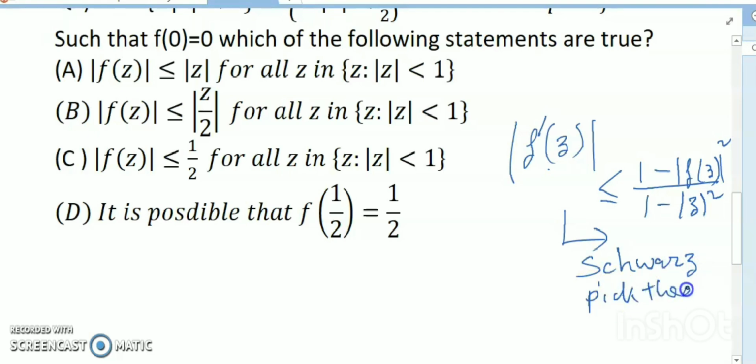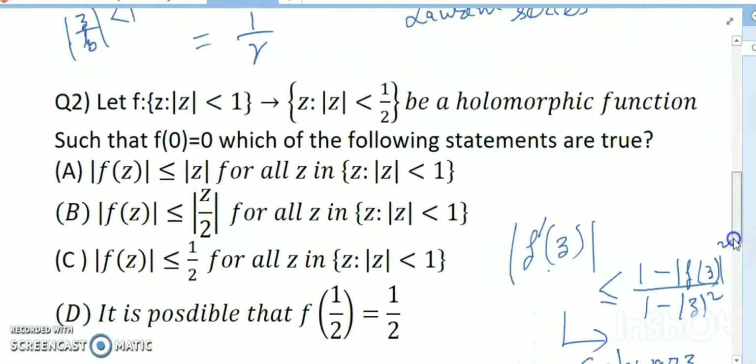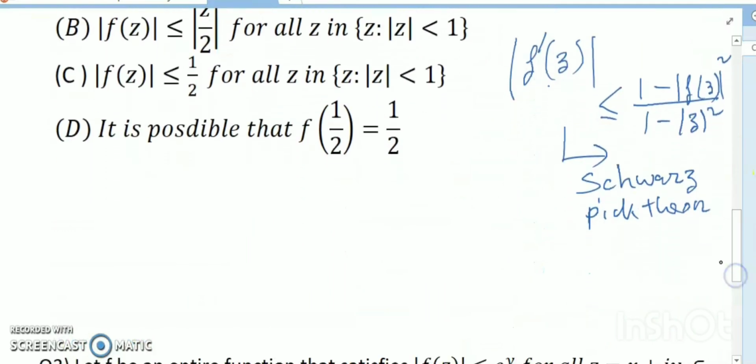Now, the Schwarz lemma. Okay, we discuss the Schwarz lemma. So what is the Schwarz lemma? In the case of the Schwarz lemma, I can say that mod of f z is less than 1. It is explained in detail in the book. If you check your book, you can find that the Schwarz lemma is well defined.